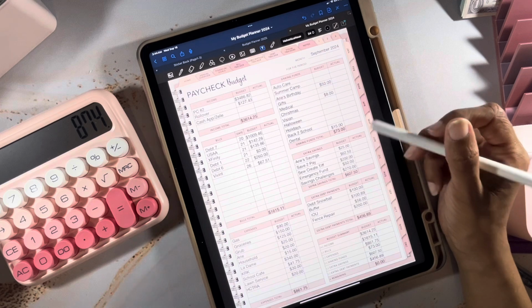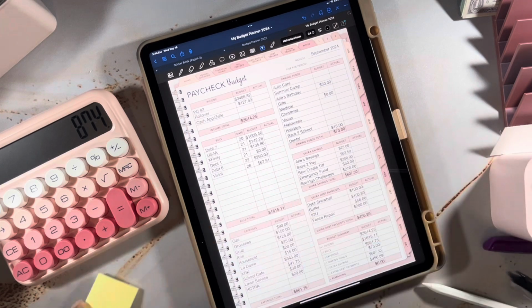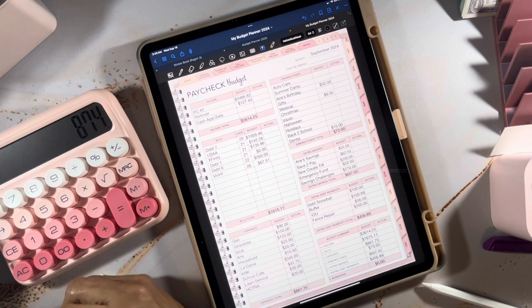So $874 is what I need to take out, because that's what's going to be cash stuff. I think so. All right, so that is the plan for September.